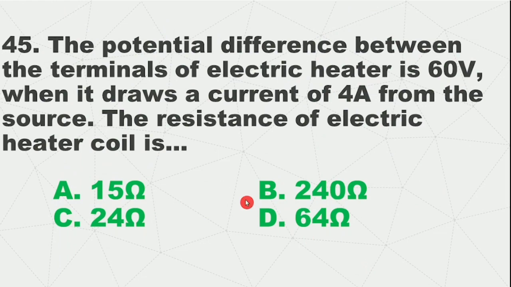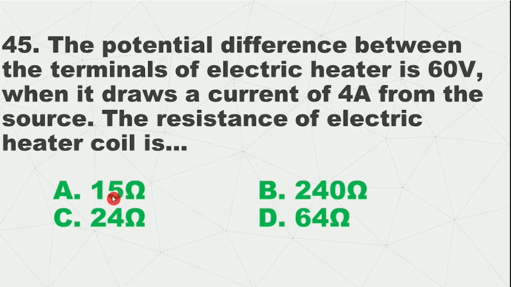Question number 45. The potential difference between the terminals of an electric heater is 60 volt when it draws a current of 4 amps from the source. The resistance of the electric heater coil is 15 ohm, 240 ohm, 24 ohm, 64 ohm. Here we should know Ohm's law.